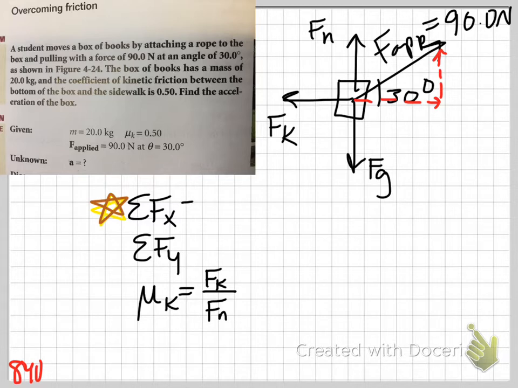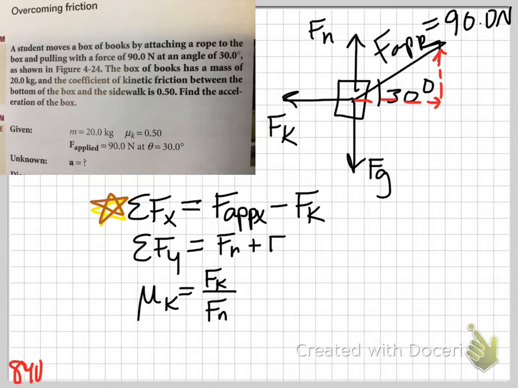So, what do we have on the x-axis? Force applied x and Fk. And I'm not going to get to the ma just yet. What do I have on the y-axis? Fn plus F applied y, because it's upward, minus Fg.